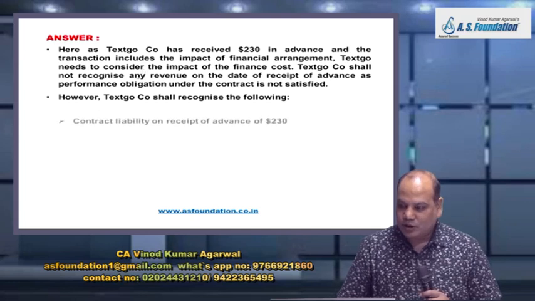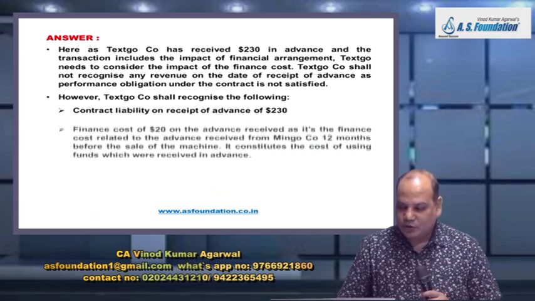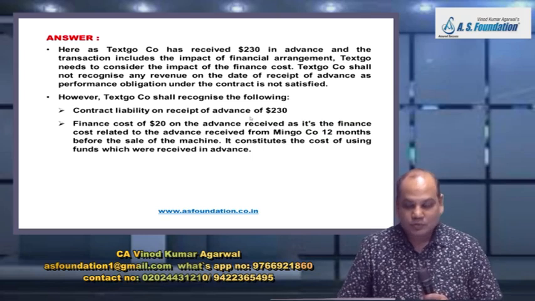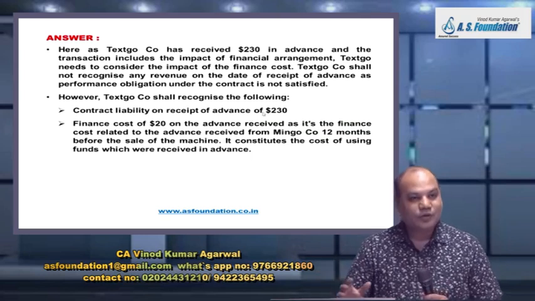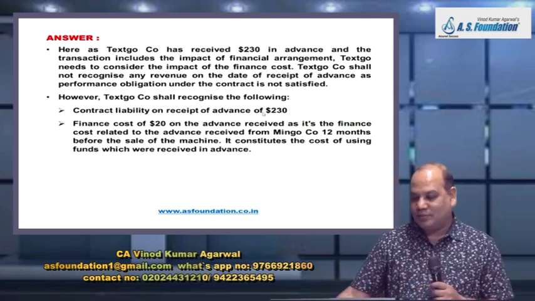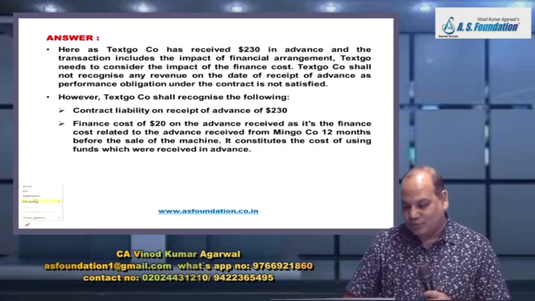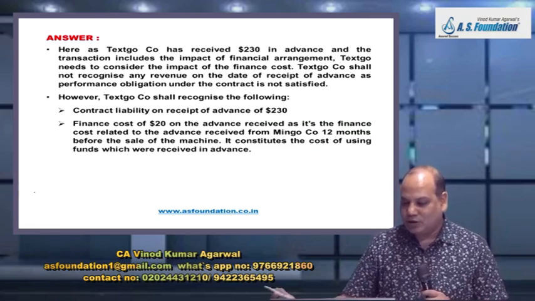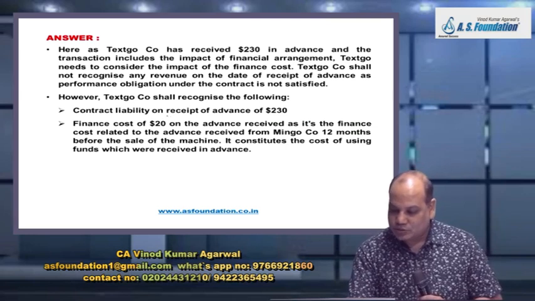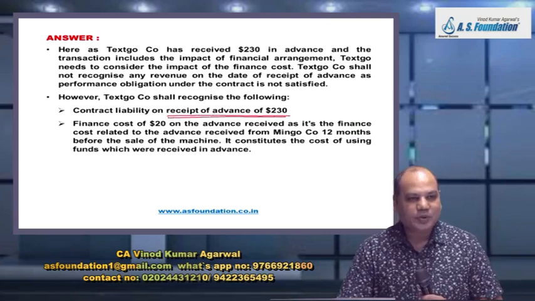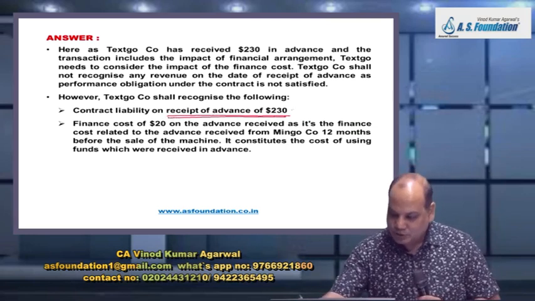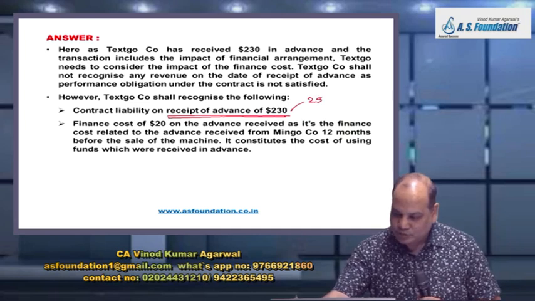So Text Go will recognize the following. First you paid 230. 230 is the effect of advance payment. You are given 20, that is a $20 discount because you are paying the advance. That means this figure is 250 minus 20.